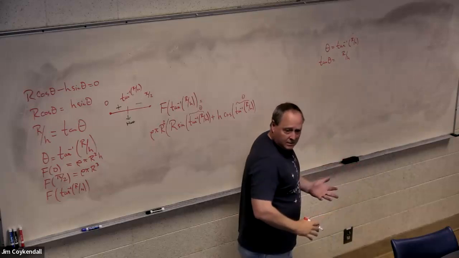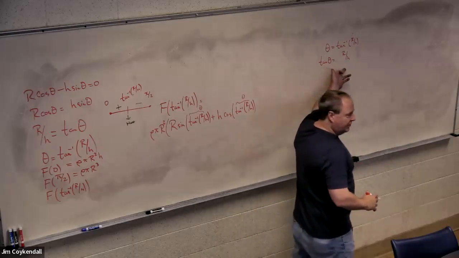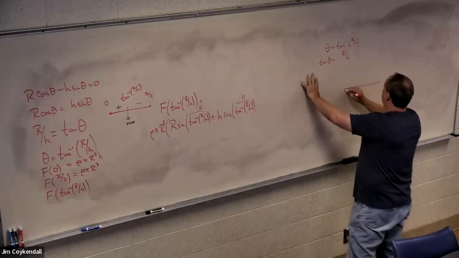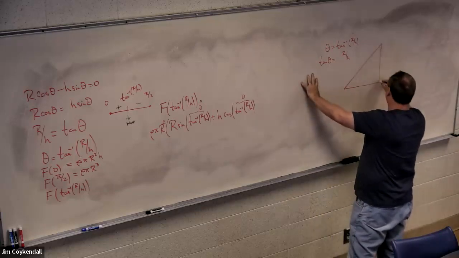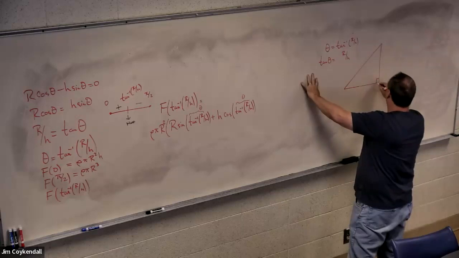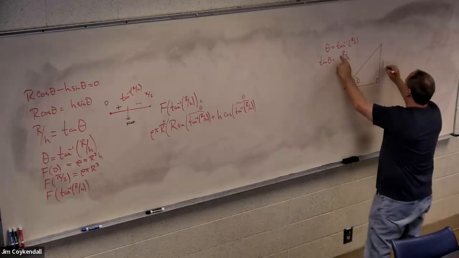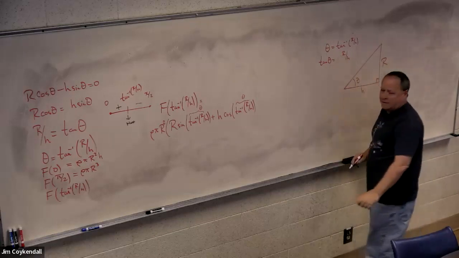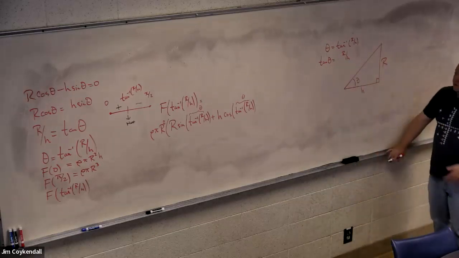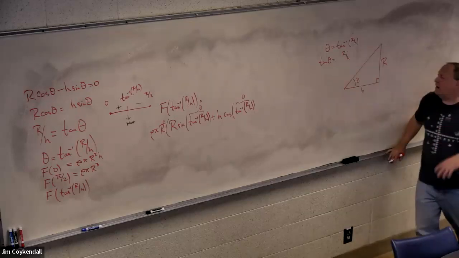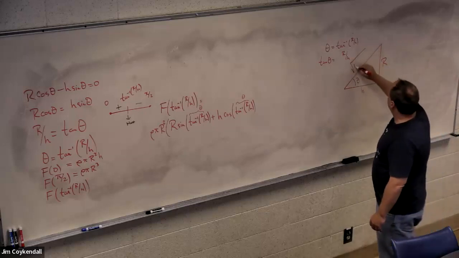Right? I'm going to use this piece of information to draw the triangle. So I draw a right triangle, and I want the tangent of theta to be r over h. See my beautiful right triangle with tangent r over h? What's the missing side? Right, Pythagoras gives me this.